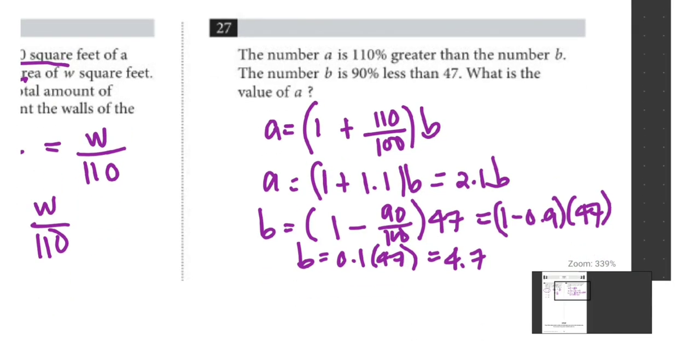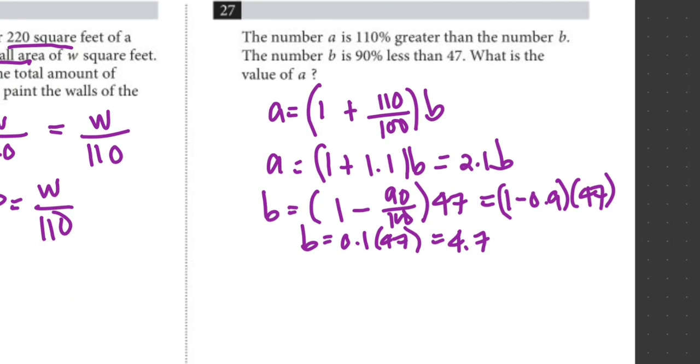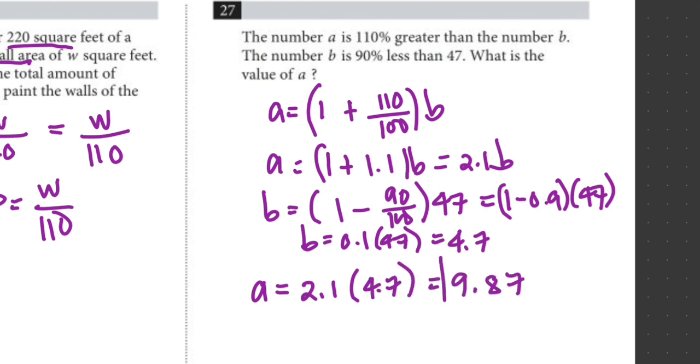And now substituting B into the equation A equals 2.1B, we can find the value of A. So 2.1 times 4.7 would give us 9.87. So this is now the value of A. Okay. Then we go to Module 2.